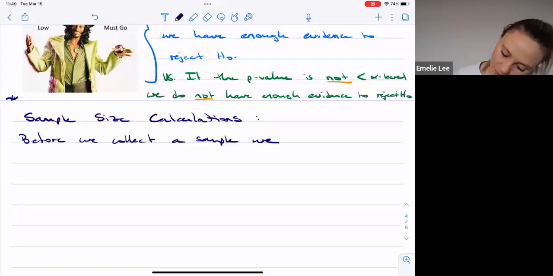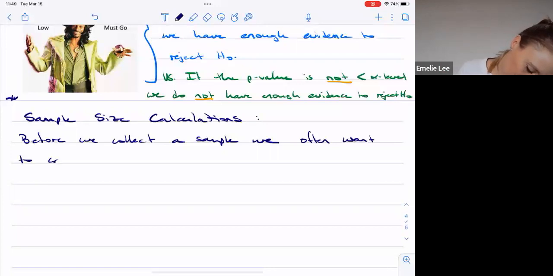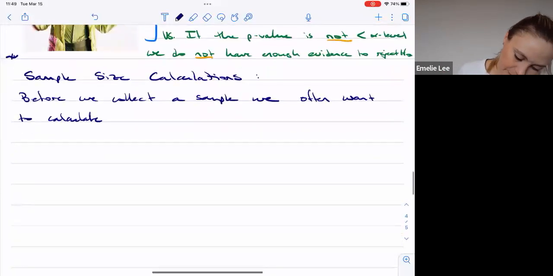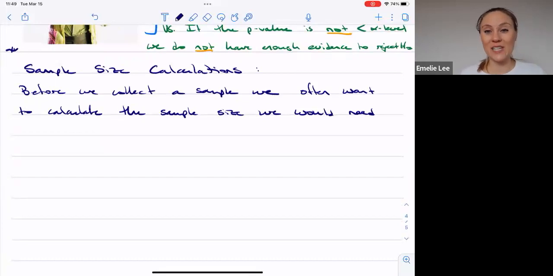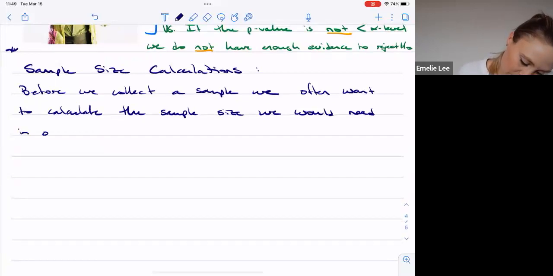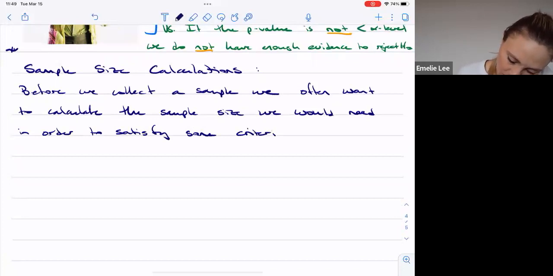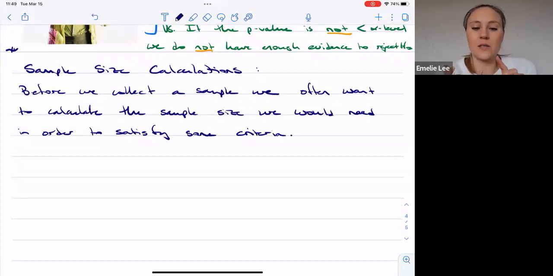So before we collect a sample, we often want to calculate the sample size we would need in order to satisfy some criteria. That criteria is going to be the confidence level, right?